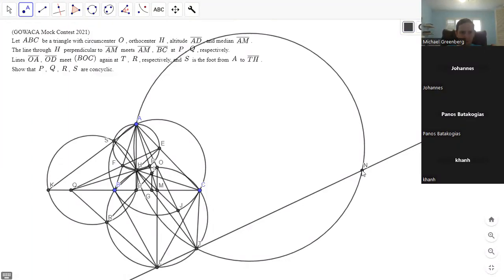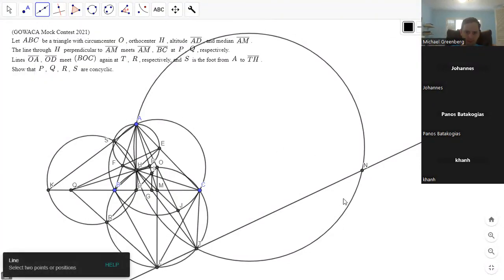And okay, so if we look at QPIR, see if there's anything special about this point.